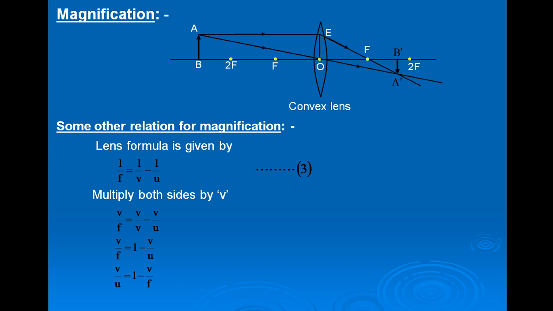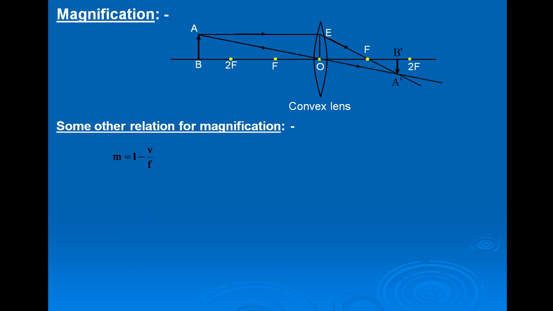By rearranging, we get v upon u is equal to 1 minus v upon f, or m is equal to 1 minus v upon f, because m is equal to v upon u, the magnification of the lens, or m is equal to f minus v upon f, taking LCM in the right hand side. So put this equation number 4. This is the other relation for magnification.